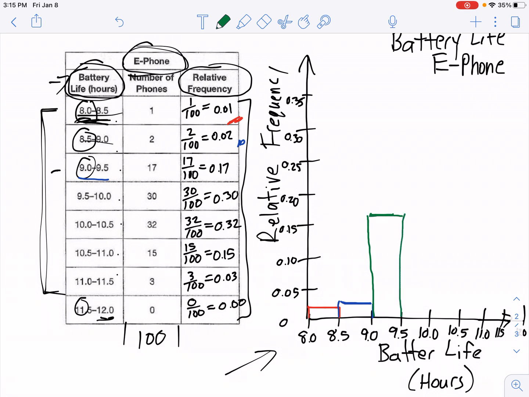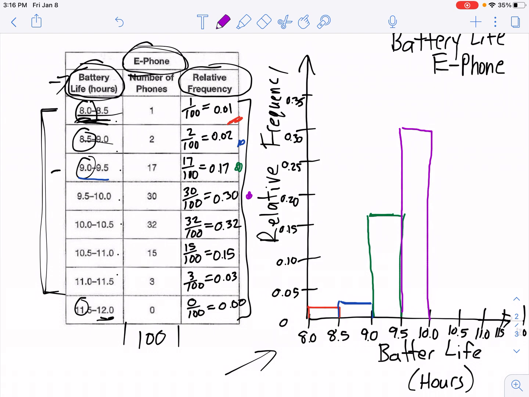And then from 9.5 to 10, looks like we're at 30%. So we're going to draw a bar all the way to 30%, which looks about right there. Oops. Try that again. Okay.